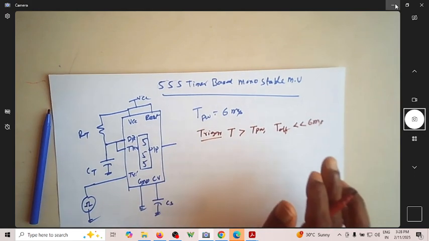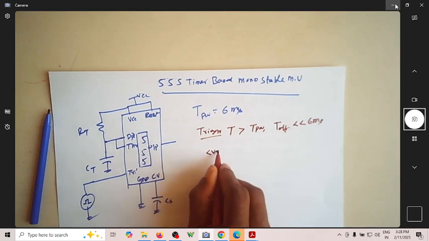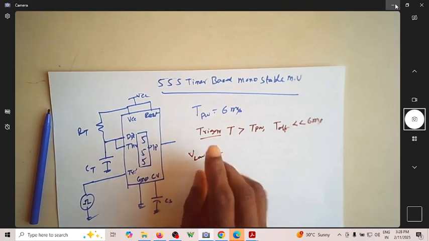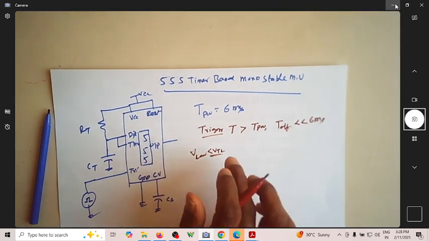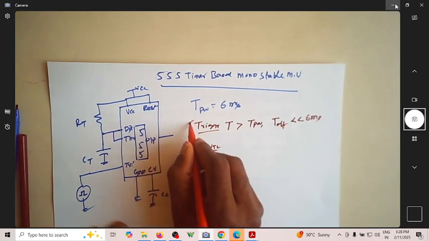These are the requirements. And of course, the low amplitude should be less than VTL. The V low of your trigger signal should be less than VTL. With these specifications, we can actually get the pulse. This is a must.